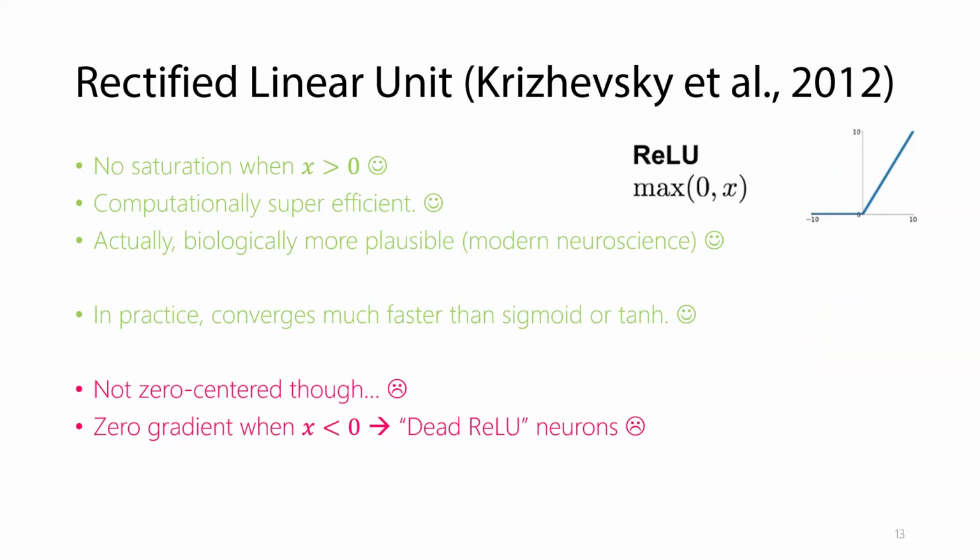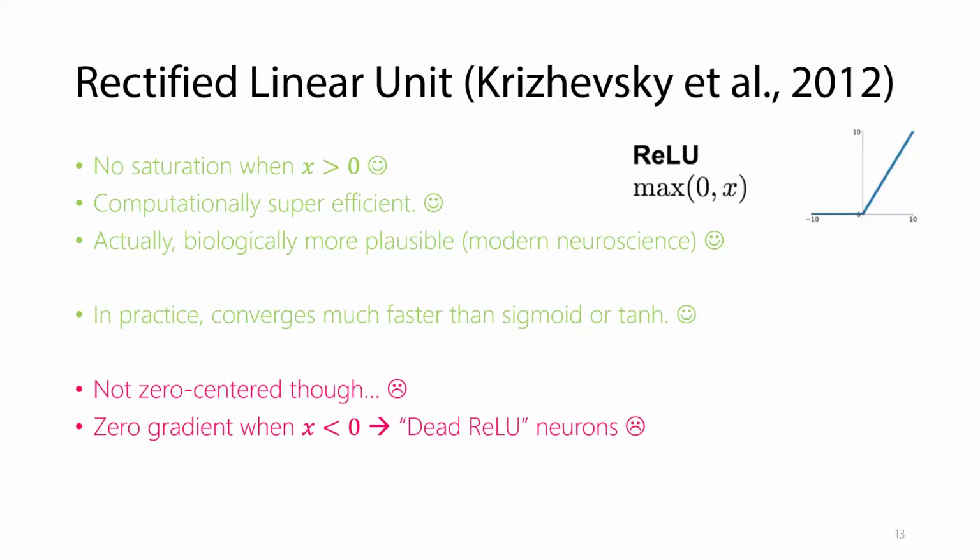Now, this is a new one, rectified linear unit, or ReLU, R-E-L-U. ReLU is, on the other hand, a more modern activation function. Krizhevsky et al. proposed ReLU in 2012, when they first came up with AlexNet.